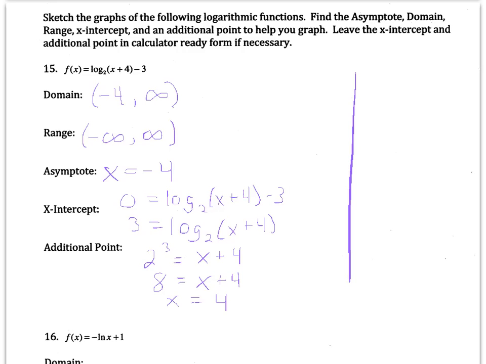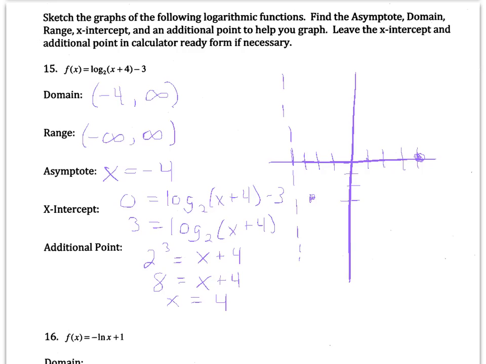So when I graph it, my vertical asymptote is at -4. My x-intercept is at 4. And to get my additional point, I want to move my key point from 1, 0, which is usually where logarithms intersect the x-axis, and I'm going to move it 4 to the left and down 3.